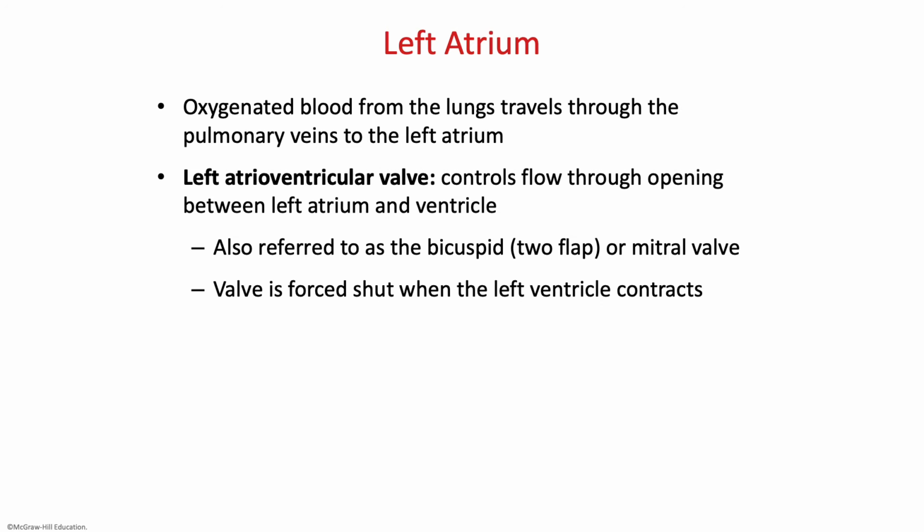Your left atrioventricular valve, also known as the bicuspid or two-flap valve, controls flow through the opening between your left atrium and left ventricle, and the valve is forced shut when the left ventricle contracts so that blood will be pushed out of the ventricles through the aorta.